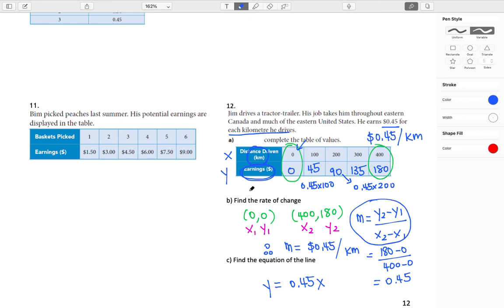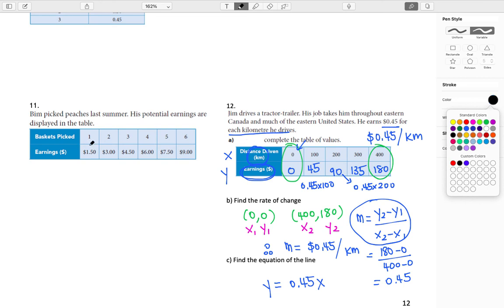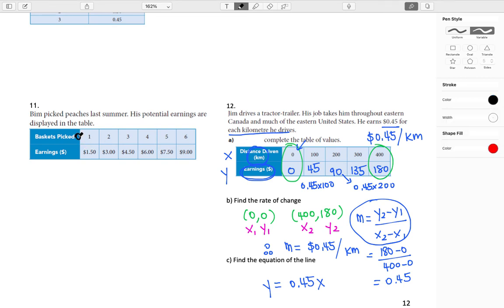But the y-intercept happens when x is 0, right? Unfortunately, my y value, the earning, is not given when x is 0. So what you need to do is figure out the rate of change. It looks like the difference is plus 1 every time I go to the right.